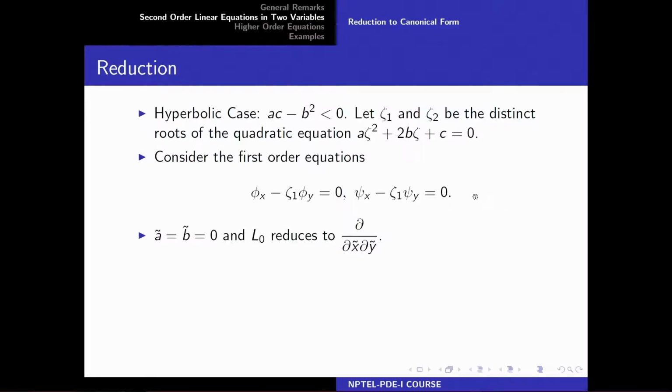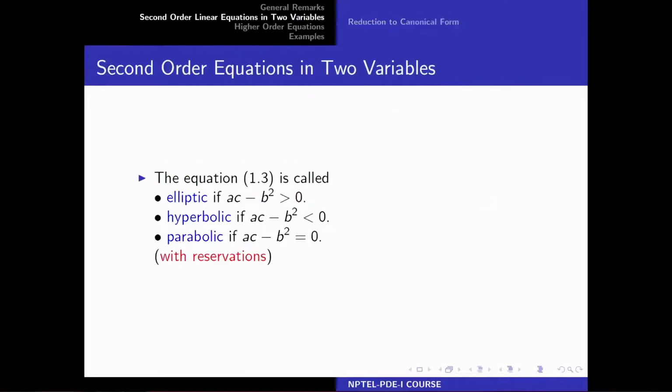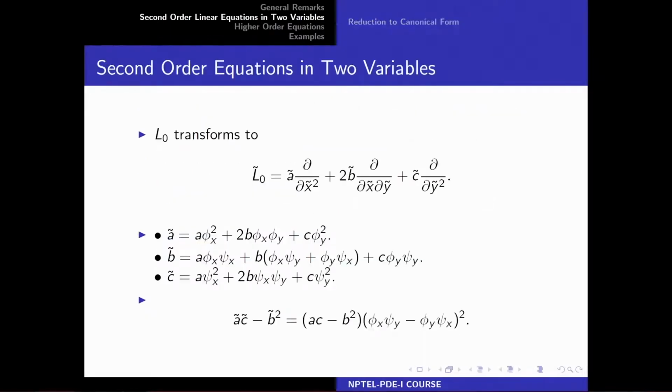So, again go back to the expressions A tilde, B tilde, C tilde. With our choice of phi x by phi y equal to zeta 1 and psi x by psi y equal to zeta 2, where zeta 1 and zeta 2 are solutions of that quadratic equation, you immediately see that A tilde and C tilde vanish.